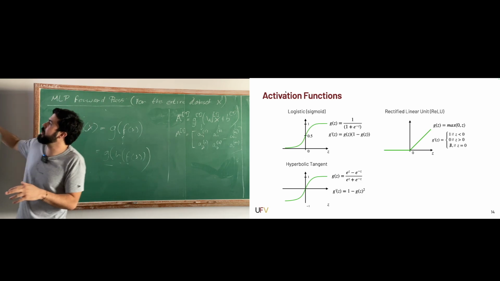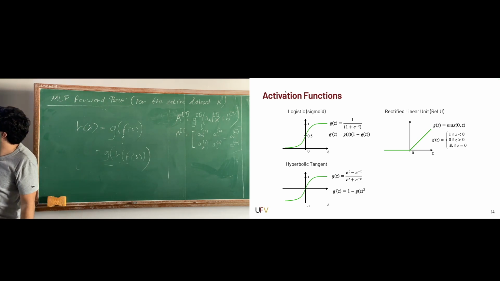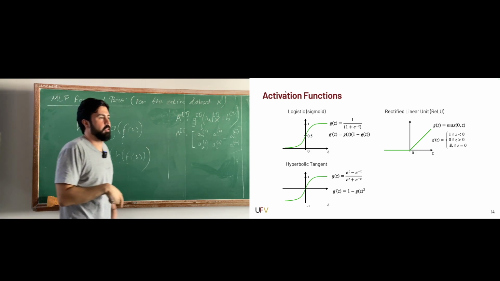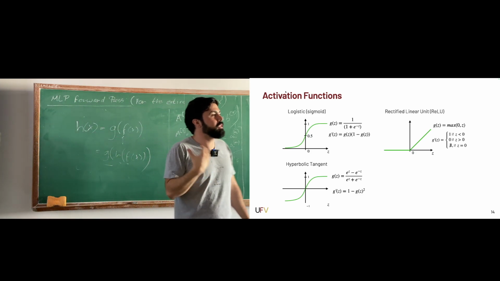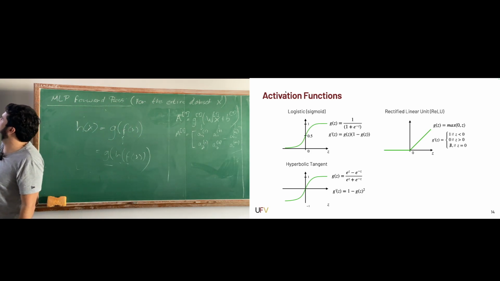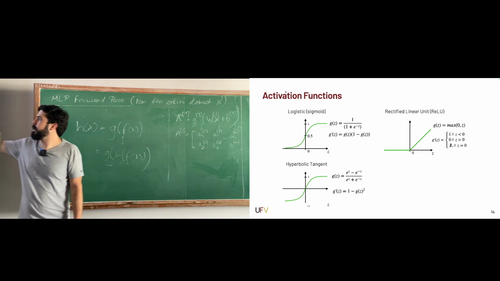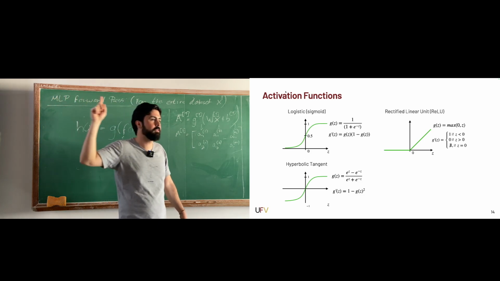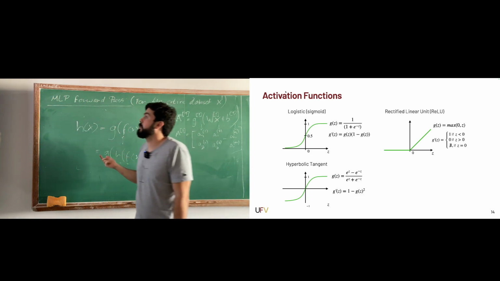And one intuition about it is that, first of all, when z is negative, the ReLU returns 0. And when z is positive, it's just a linear function, or the identity function.